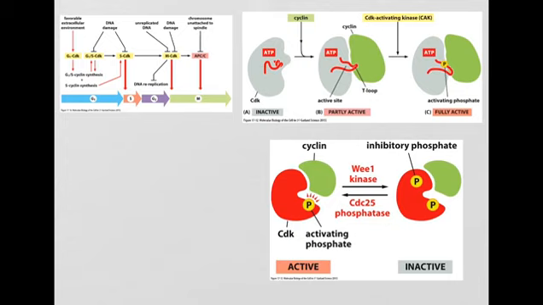That's an oversimplification because there's an additional layer of good housekeeping seal of approval that has to go on, and that is there has to be the appropriate panel of phosphates on the CDK in order to get activity in the presence of cyclin. So if you have cyclin, you may not necessarily have CDK activity until those phosphates are laid on correctly.